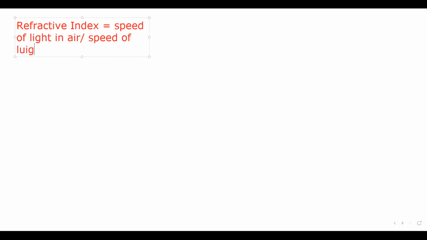Refractive index is equal to the speed of light in air divided by the speed of light in the medium. This formula is fixed. Even if the light travels from air to glass or glass to air, it remains the same.